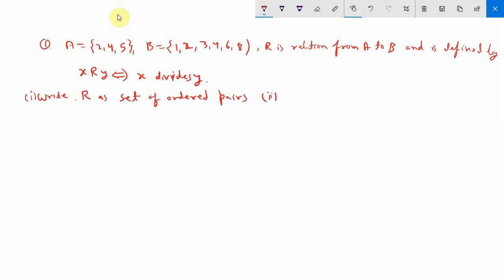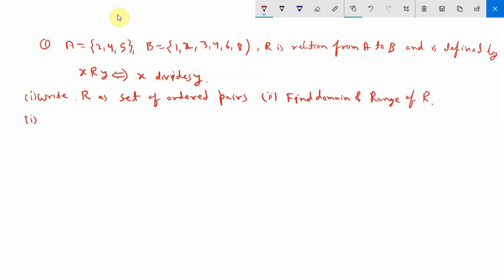Second, find domain and range of set R. Okay, so we will solve the first one.